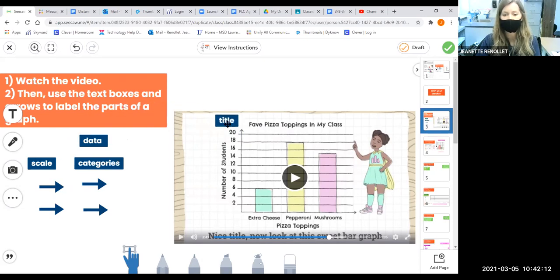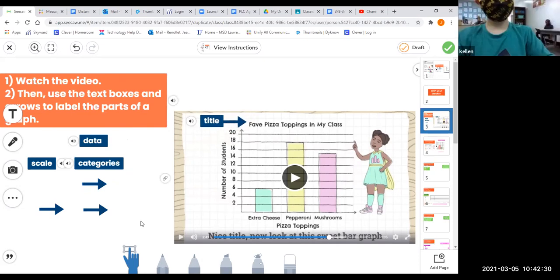The title is at the top. I'm going to put the word title right by fave pizza toppings in my class. And I'm going to drag an arrow over like this to show that this is the title.